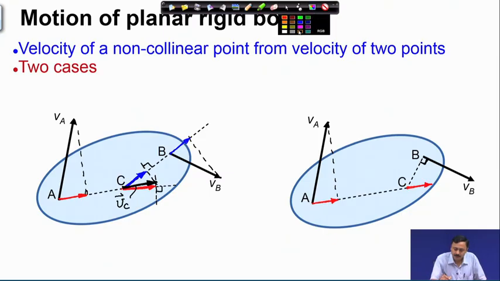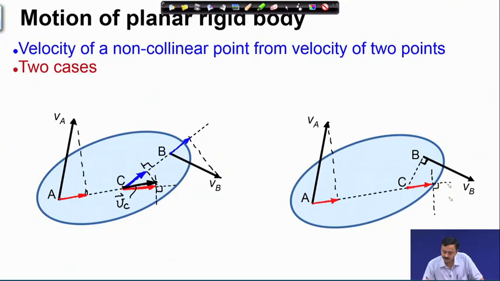So, now how do I find out the velocity of point C? As before, I must first draw a perpendicular to the direction AC. Now, since C does not have any velocity along BC, the vector along CB is exactly 0. So, it is this point C itself.